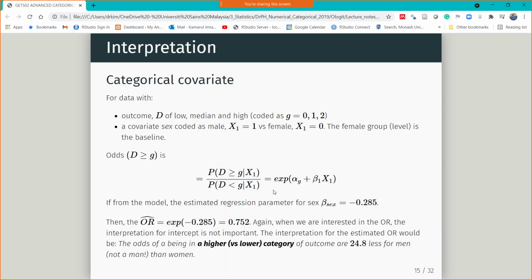Okay, so you can exponentiate the alpha G plus beta 1 x1 to get the odds, right?